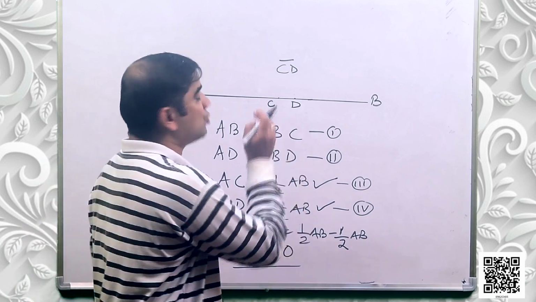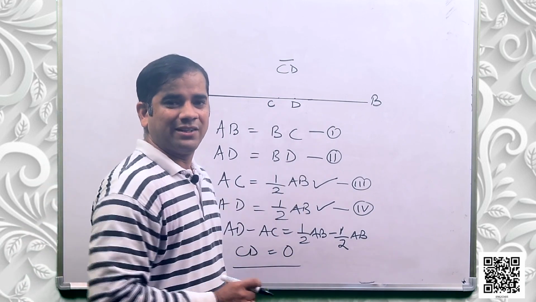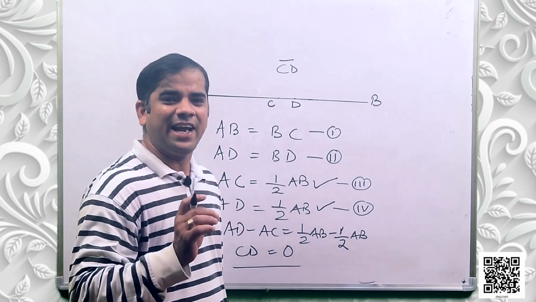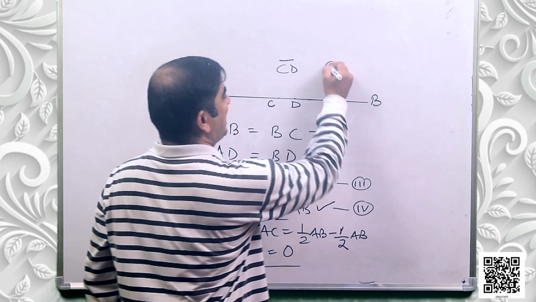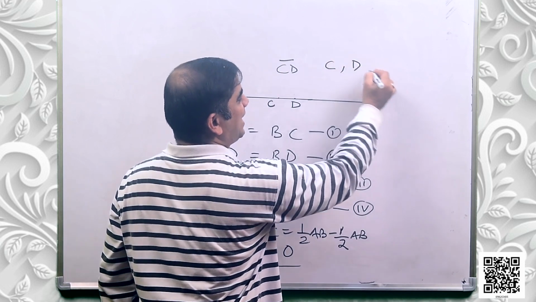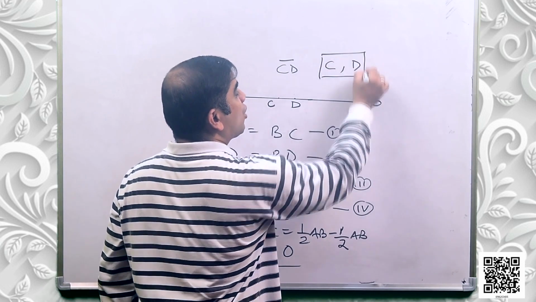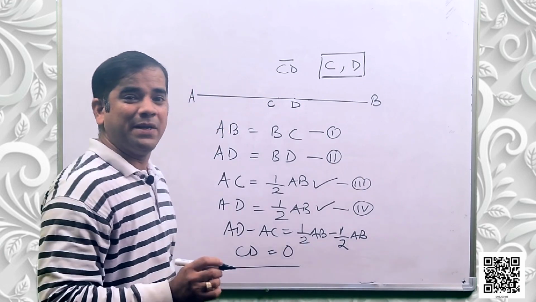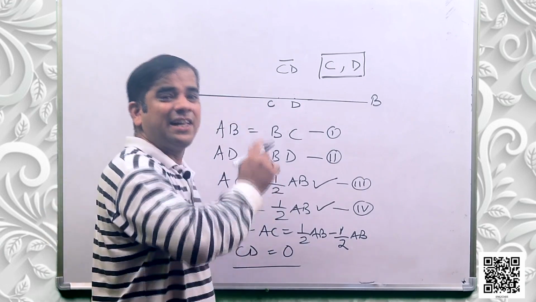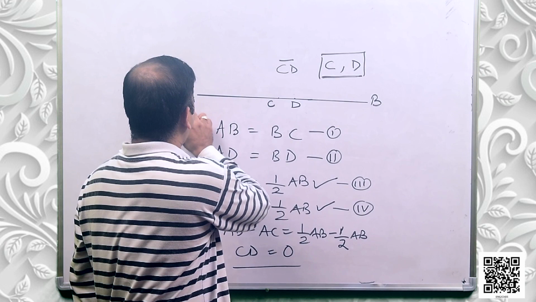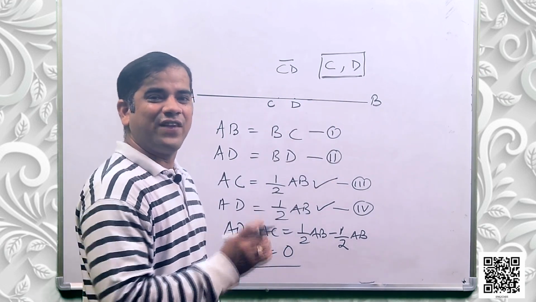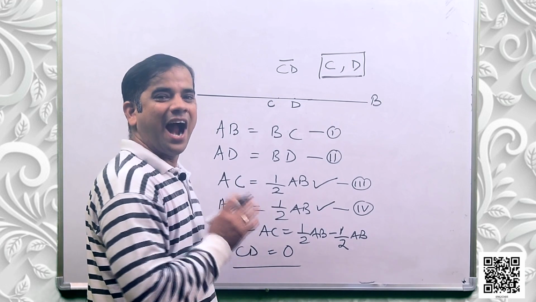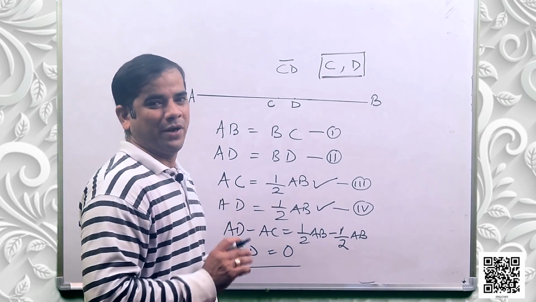That means it is not a line segment at all. That means C and D coincide with each other. So point C and point D are nothing but a coinciding point. That means there is a single midpoint of line segment AB. Hence we have proved that every line segment has one and only one midpoint. Understood?